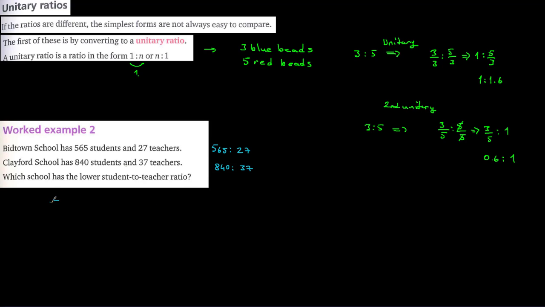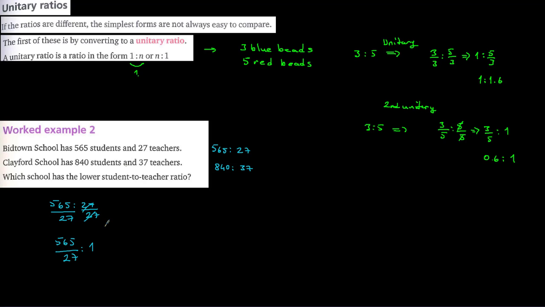For the first one, 565 to 27, both of them are divided by 27, and I'm going to use a calculator to do this operation. That's going to be equal to 565 divided by 27 to 1.